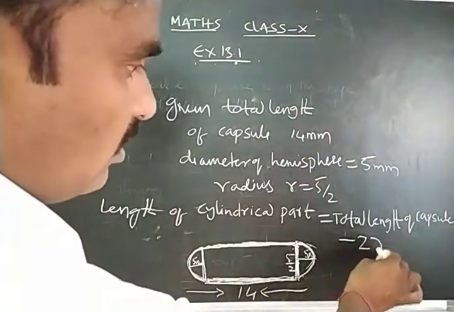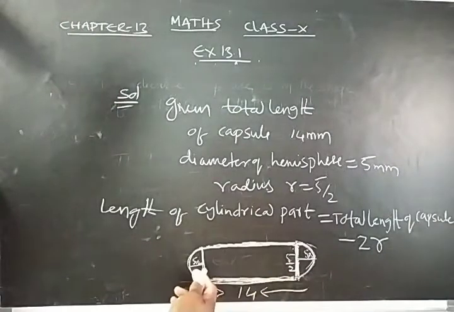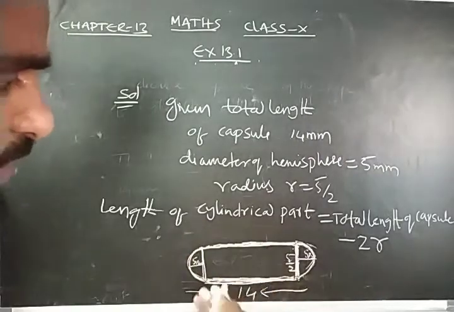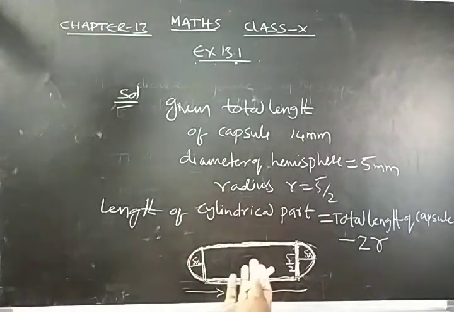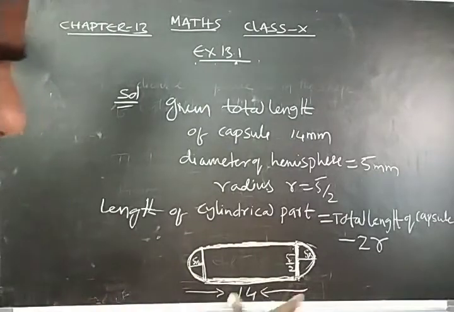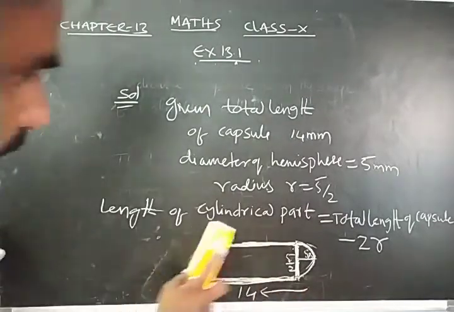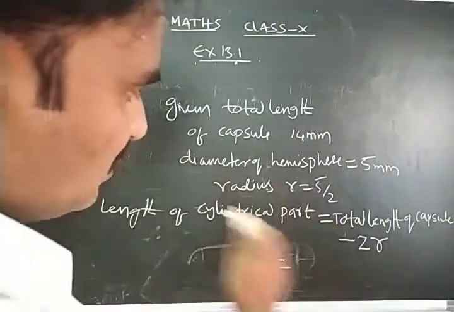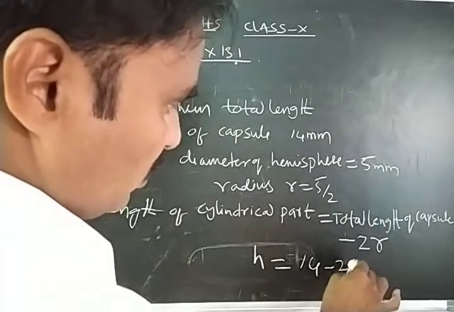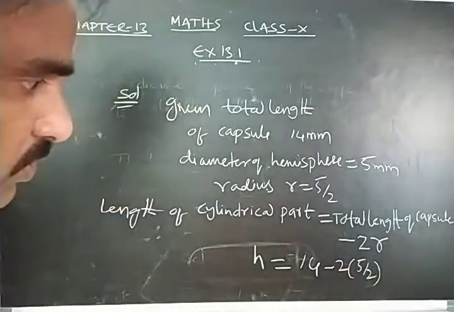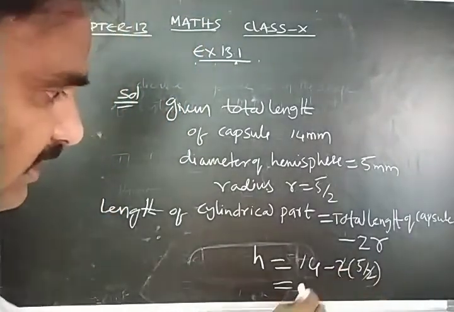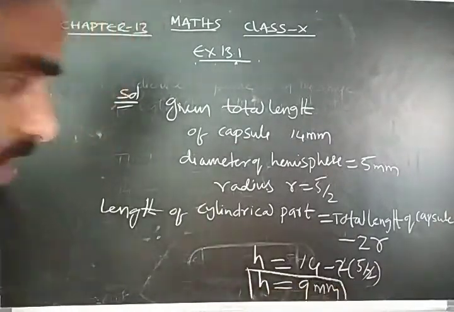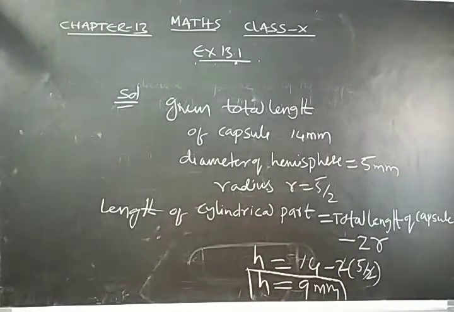So 2 into r, 2 radius. Here left hand side 1 radius, right hand side 1 radius. If you subtract from 14 millimeters, automatically you will get the length of the cylindrical part, which we can consider as the height of the cylindrical part. So I am taking this as h. h is equal to the total length of the capsule, 14, minus 2 into r, which is 5 by 2. So the 2 cancel. 14 minus 5 is 9. 9 millimeters is the height of the cylindrical part. Now I got the height of the cylindrical part.